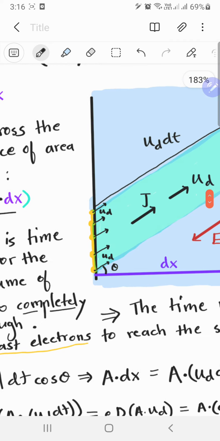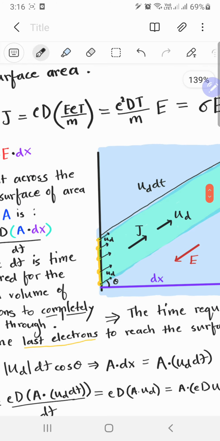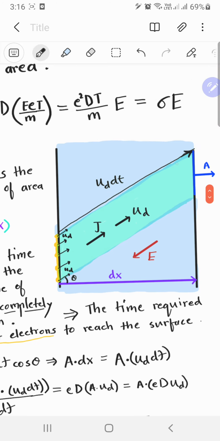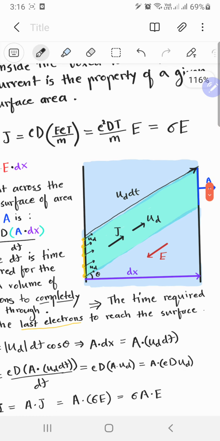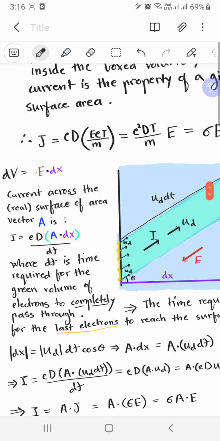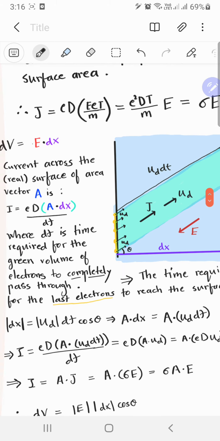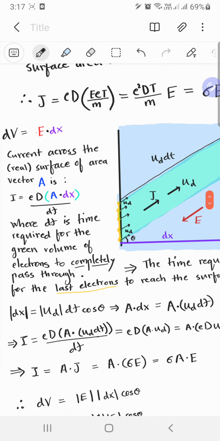It's a dot, because the volume of this green thing, the volume of the electrons, will just be capital A times dx, because it's a prism basically, a slanted prism, but it is a prism. So that volume times the density, once again, times the charge gives the total charge that went through the surface, and that upon dt.